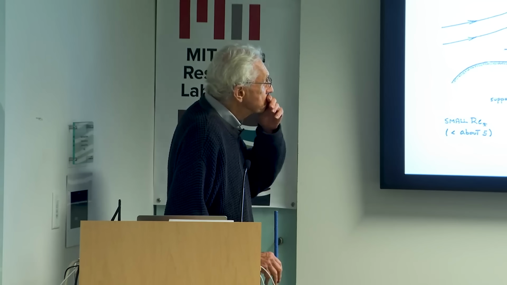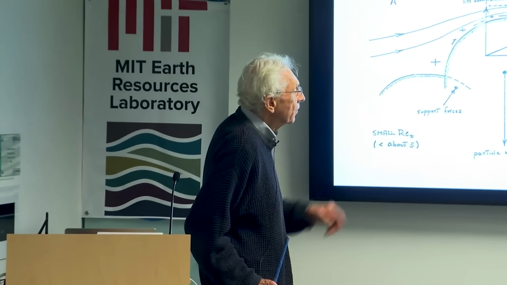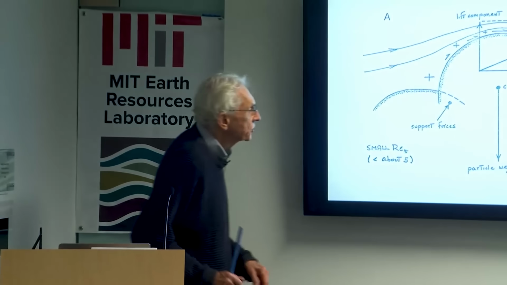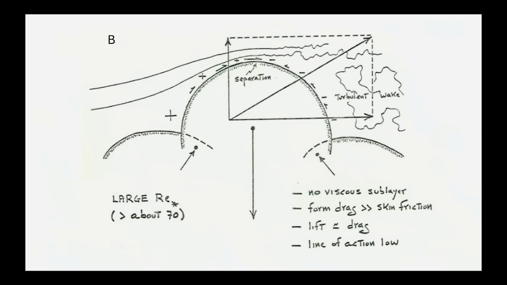And so there's some lift, but there's a lot of drag, and so the total fluid force is at a moderate, sort of shallow angle, and the line of action is fairly high up on the particle. Those pluses and minuses are pressure differences, and the little single barbed arrows are skin friction.